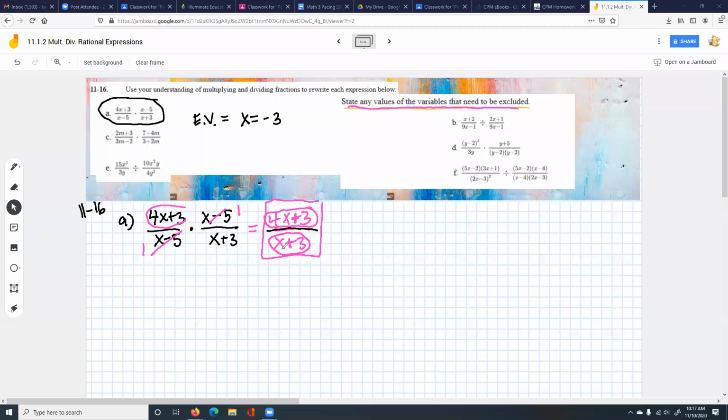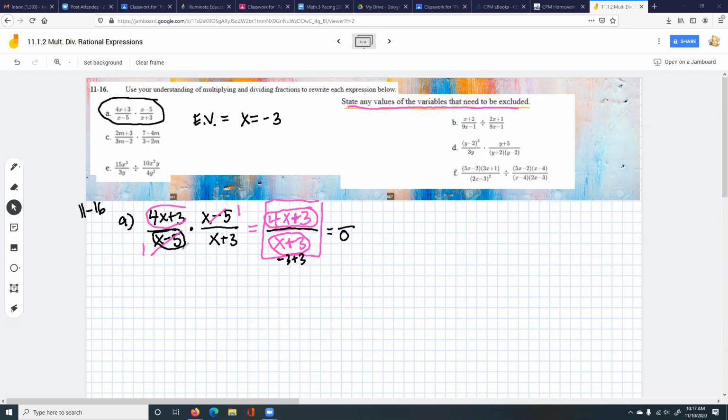-3, right? If I put -3 plus 3, that's going to make it 0. You're not allowed to have 0 in the denominator. So one of the excluded values, x can be any number except -3. But then we have another excluded value here. I'm going to include it for the x minus 5.